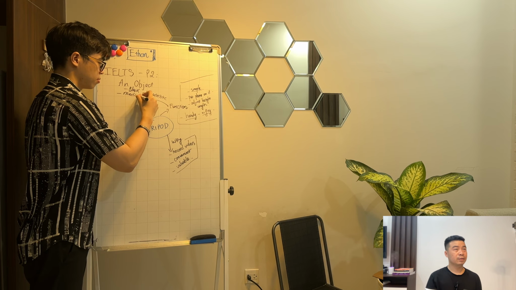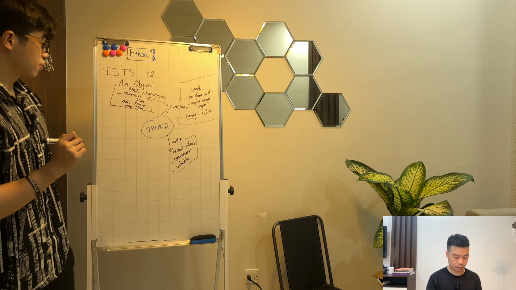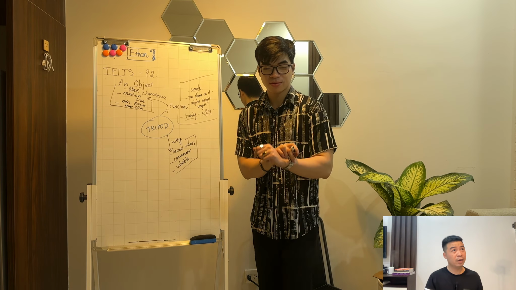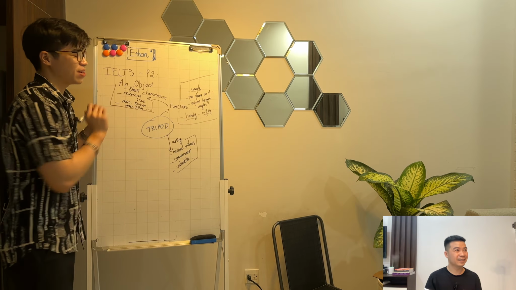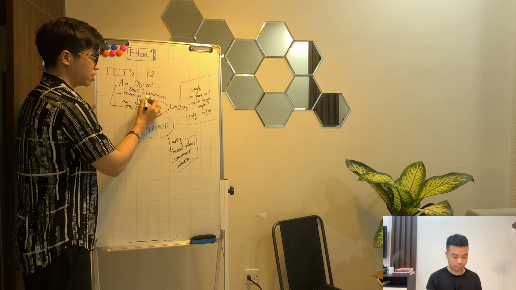And the max is about 1.2 meters. Okay, 1.2 meters. It has 3 feet. Okay, you can put it in here. Anything more? So that is about the function and characteristic.